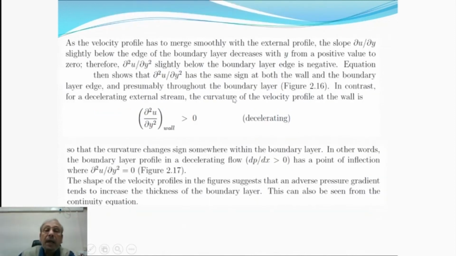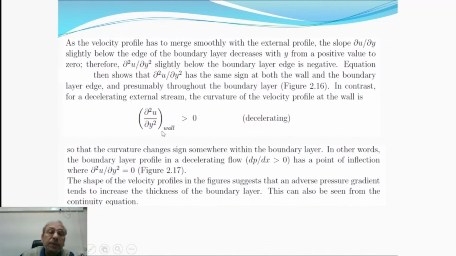Now we go back and see what happens in contrast. In contrast, for a decelerating external stream, where the flow doesn't accelerate, the curvature of the velocity profile at the wall, ∂²u/∂y², is positive. This is with adverse pressure gradient where dp/dx is positive.